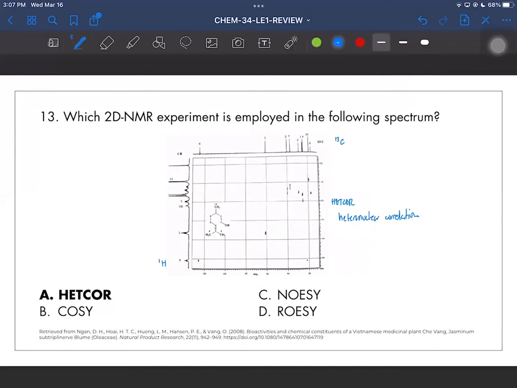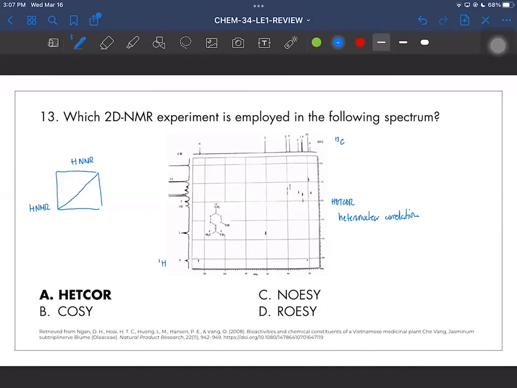If we contrast that with COSY, COSY has proton NMR on both axes. Another distinct feature of COSY is there's a diagonal line in its spectrum. In COSY, it looks at the mutually coupled protons.